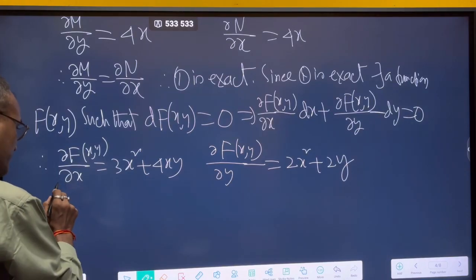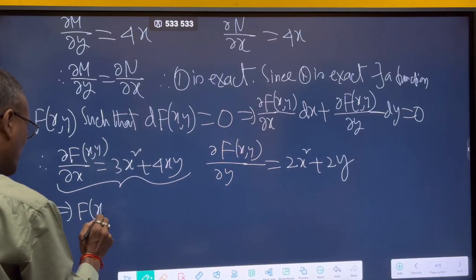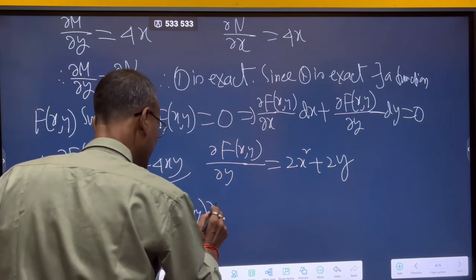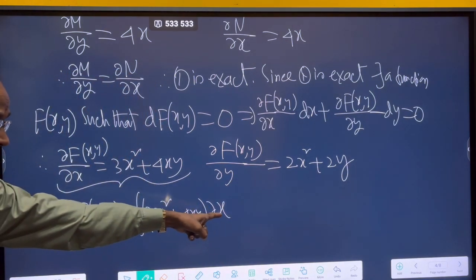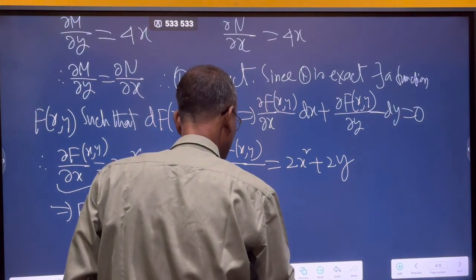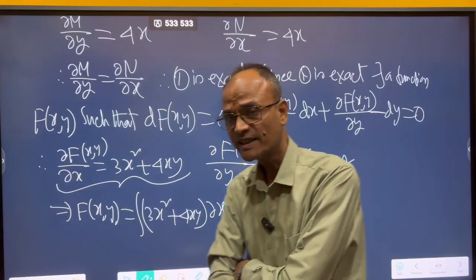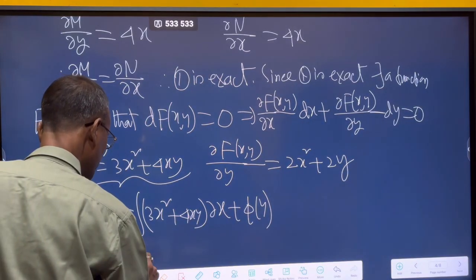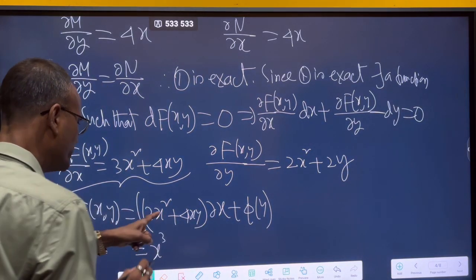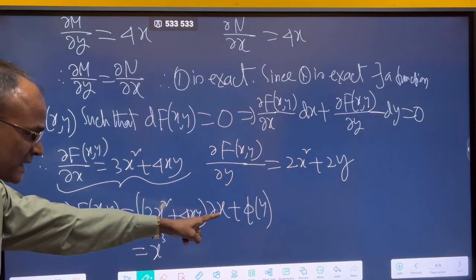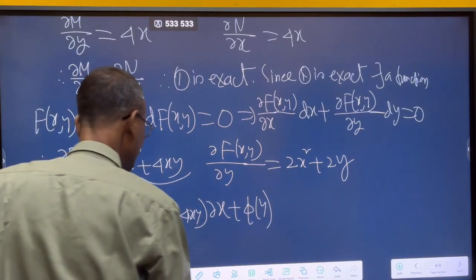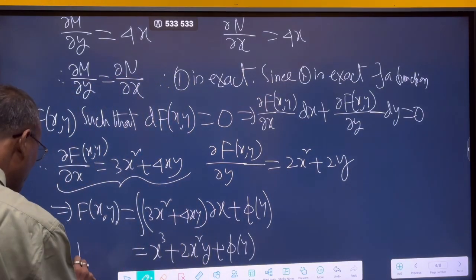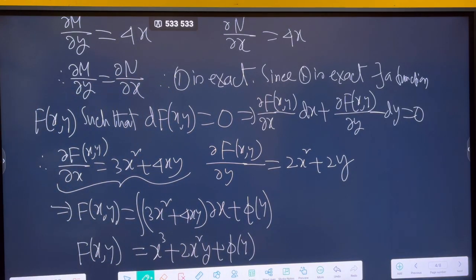This means from this, f of xy will be equal to integral of 3x square plus 4xy, integrating treating y as constant, plus phi of y, treating y as constant. This will be equal to x cube, with respect to x partially integrated. Now y is constant, 2x square y plus phi of y. So f of xy equals this.